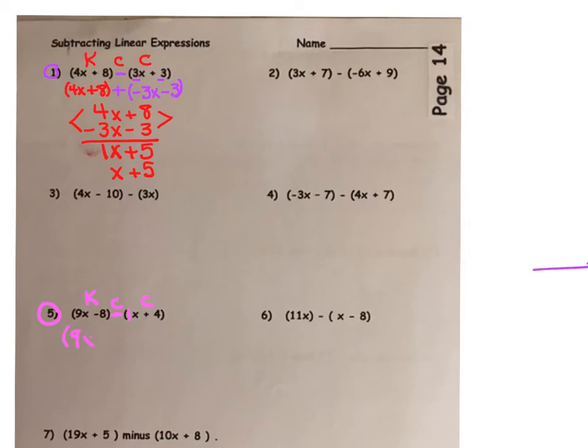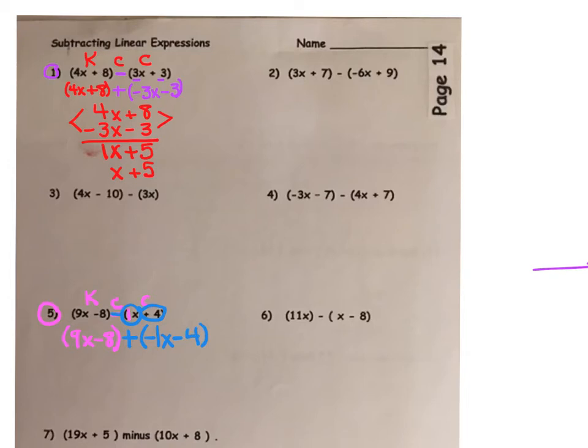The 9x minus 8, of course, stays the same. But this subtraction becomes addition, and then our terms in the second expression flip to their opposite. Our positive 1x becomes a negative 1x, and our gain of 4 becomes a loss of 4.